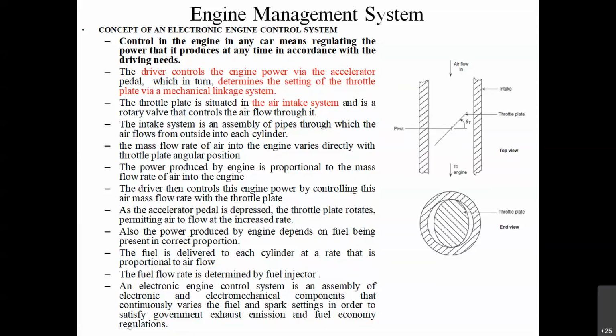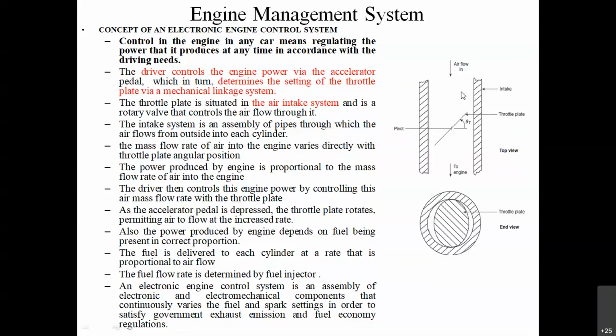That means sensor input is given to the controller, and through the controller, using the accelerator position, it generates the signal required to maintain the required angle for this throttle plate.